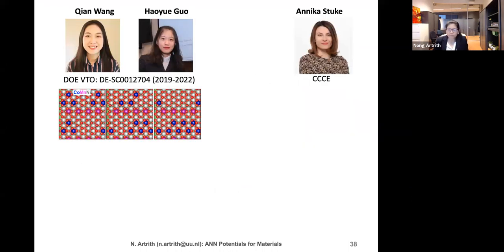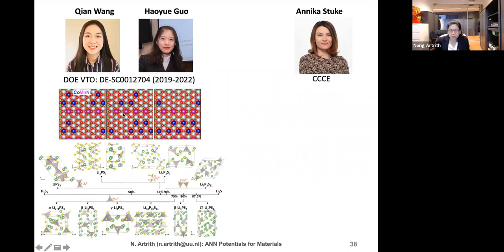Currently, we are also developing neural potentials for complex systems with our students and postdocs at Columbia. When I was at Columbia, we also got funded by the US Department of Energy. So until next year, we are developing neural potentials to describe complex lithium anodes and lithium cathodes here.